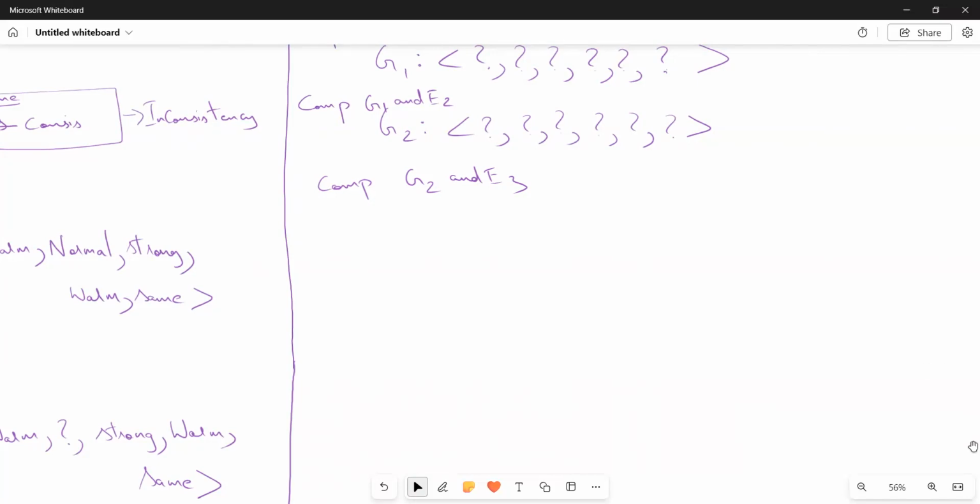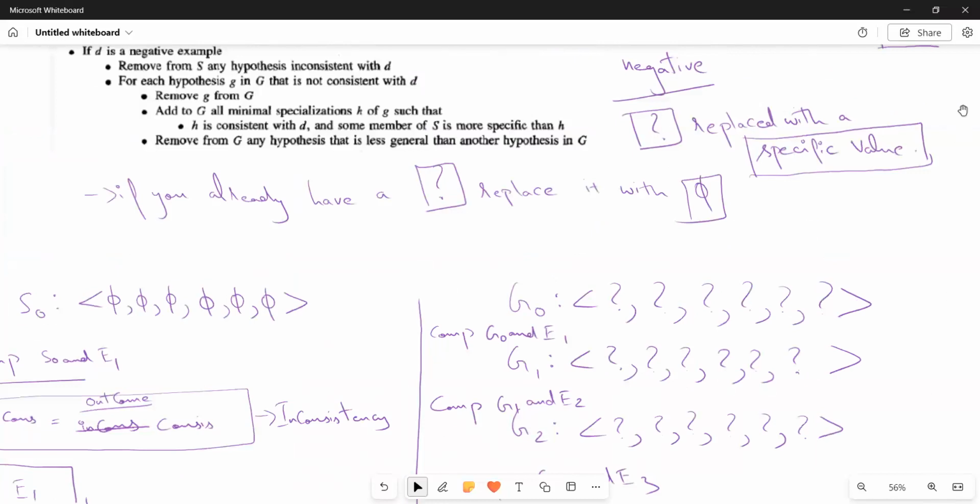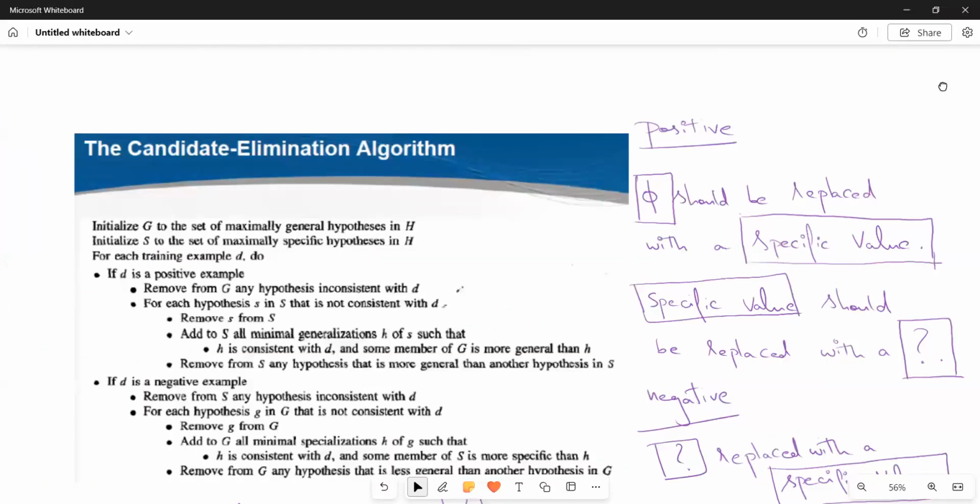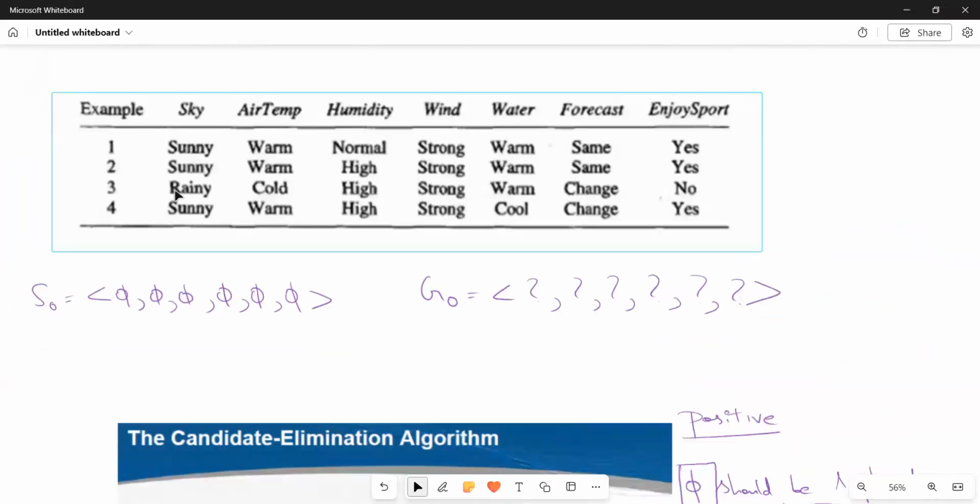Your G2 and E3 are matching up. Sorry, they are consistent here, but the outcome here is inconsistent.